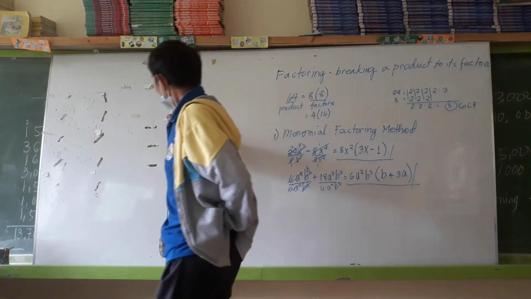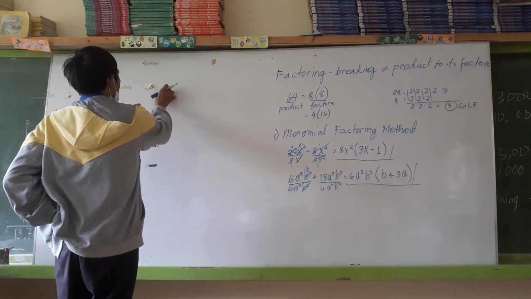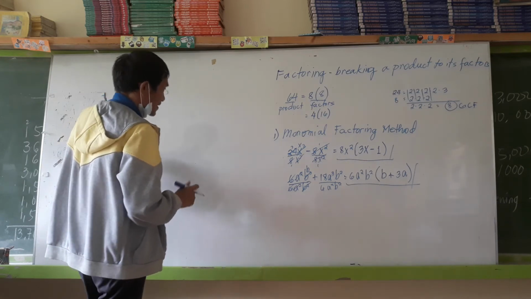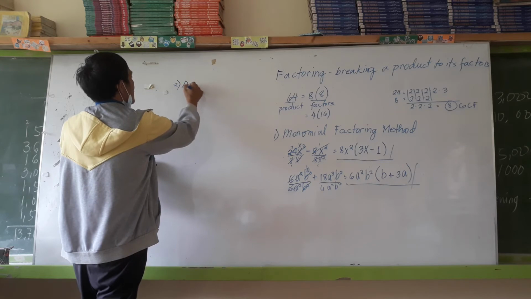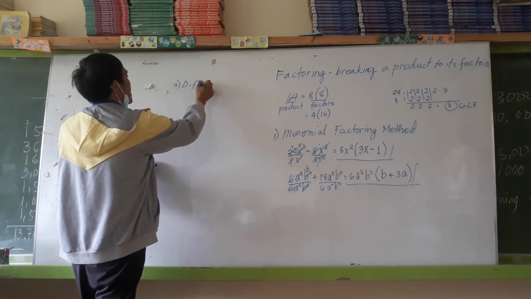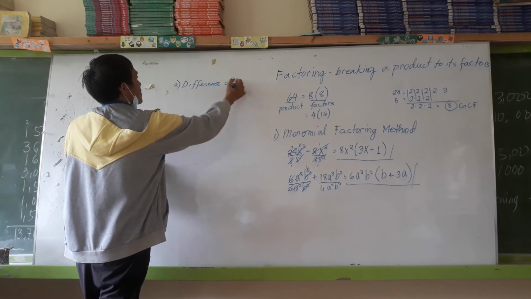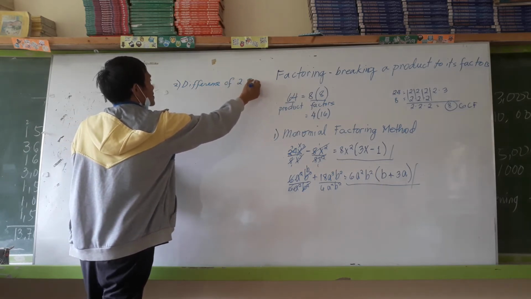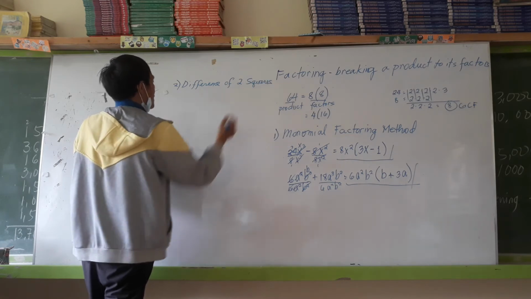Now, we will proceed to the next factoring method, which is known as difference of two squares. Okay.